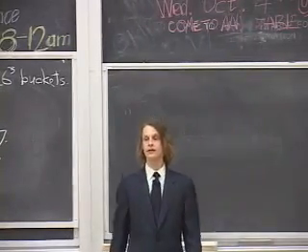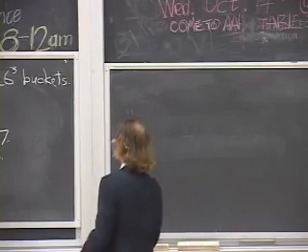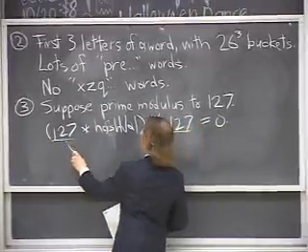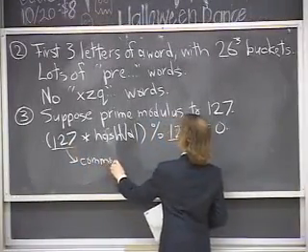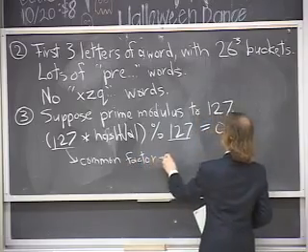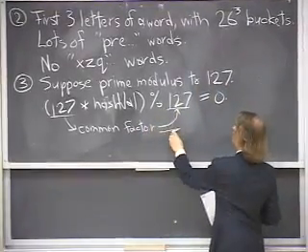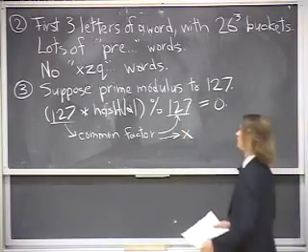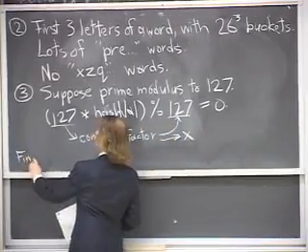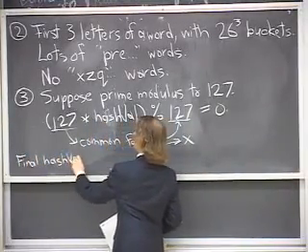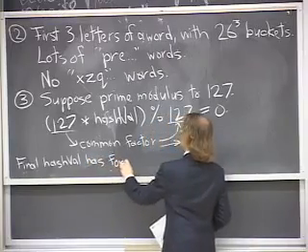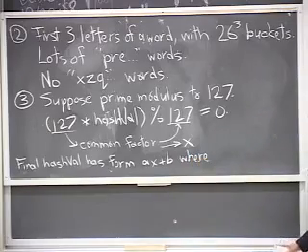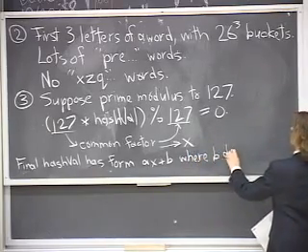Well, if they're not relatively prime, like suppose these two numbers have a common factor. Let's suppose that common factor is x. Then the hash value you get in the end is going to be of the form ax plus b, where b depends only on the last character of your word.